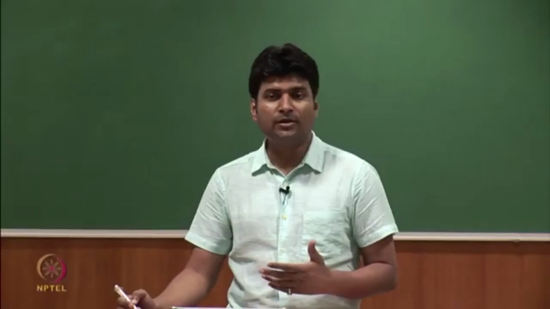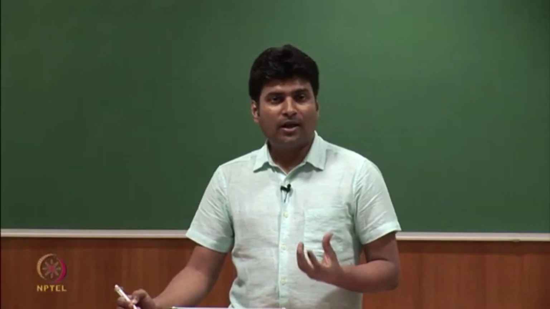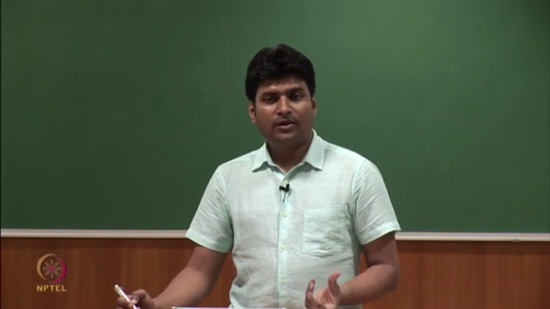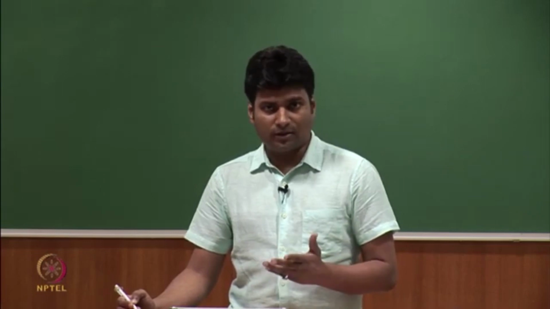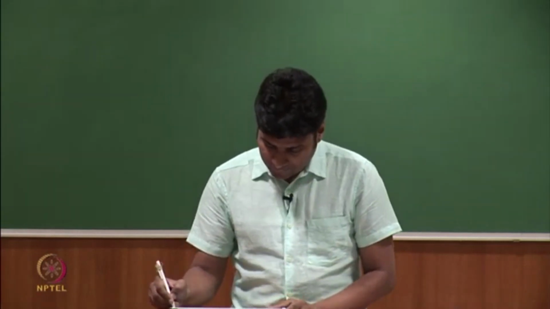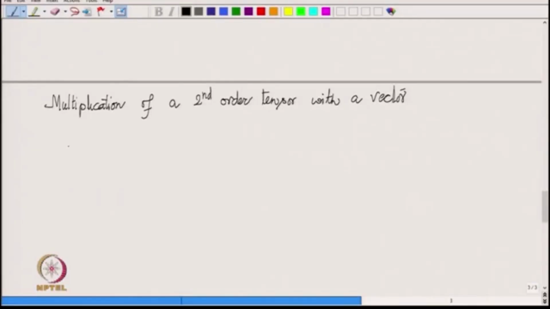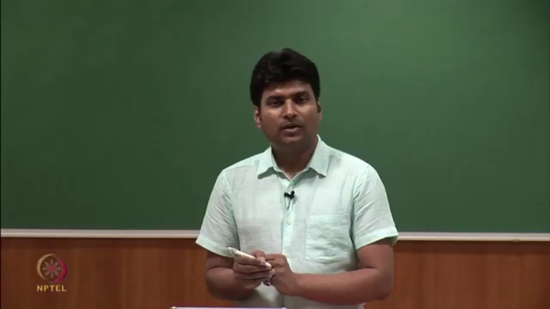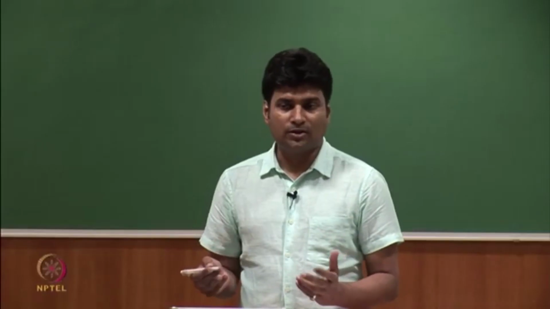All right. The next thing is, how does a second order tensor multiply with a vector? Okay. All right. So, suppose we say A is equal to C times B. Okay. So, C is the second order tensor, B is a vector, I want to multiply them and I want to see what do I get.